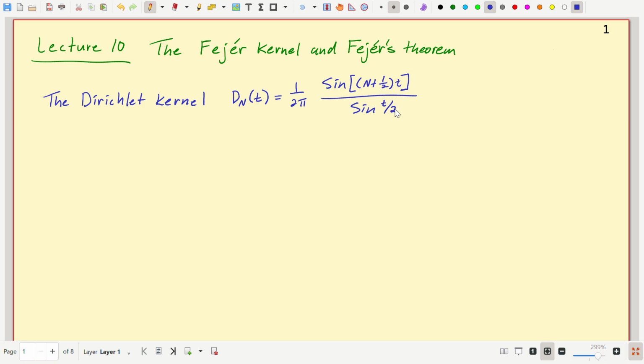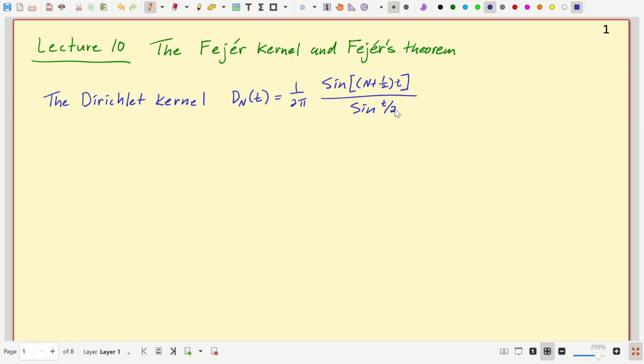Well, today I'm going to talk about Fejér's theorem and Fejér's kernel. It's the first example you might see of a thing that's going to turn out to be very useful in your more advanced analysis classes. Fejér's kernel is an example of a good kernel, and Stein actually uses that as a technical term.